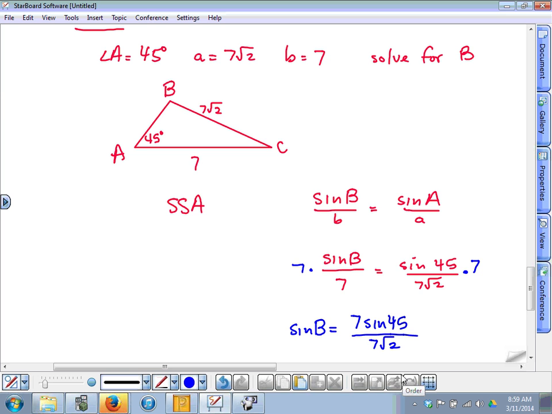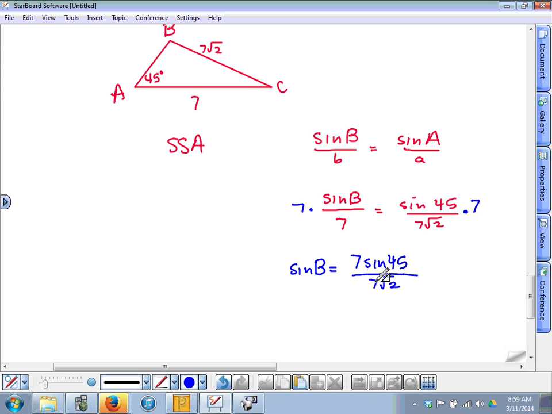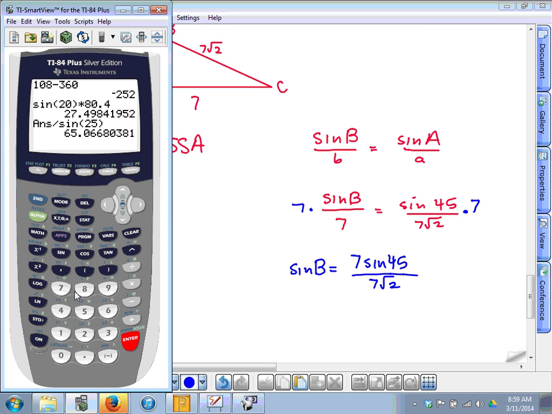Now we are going to have to take inverse sine, but before you do, I would check to see what the value of this is. So I'm going to turn on my calculator. Let me type in 7 sine 45 and then divide that by 7 square root of 2 just to see what that equals. And it equals 1.